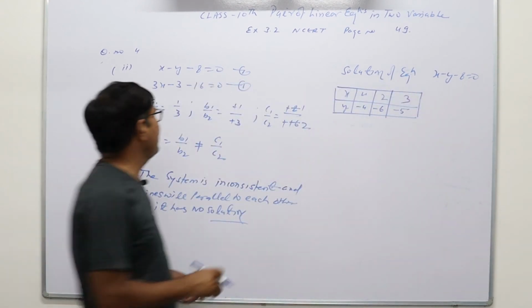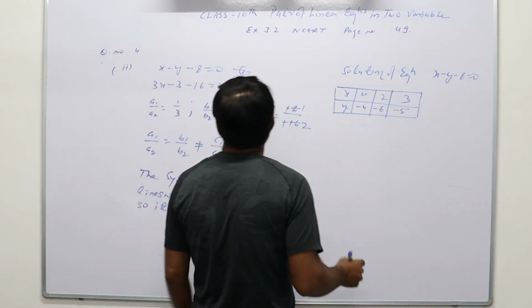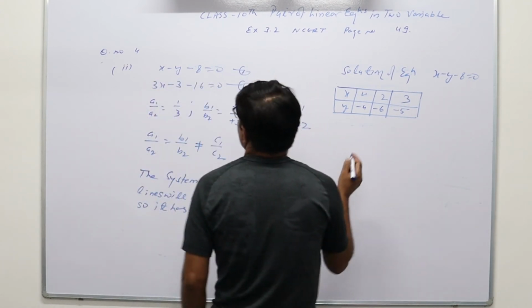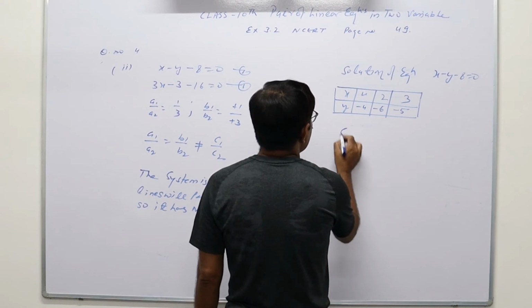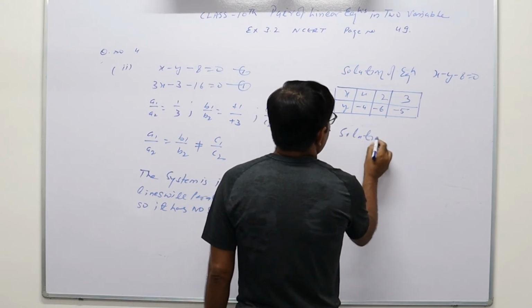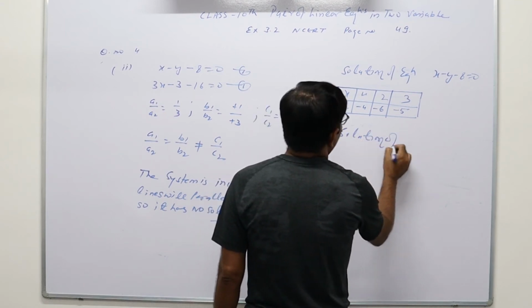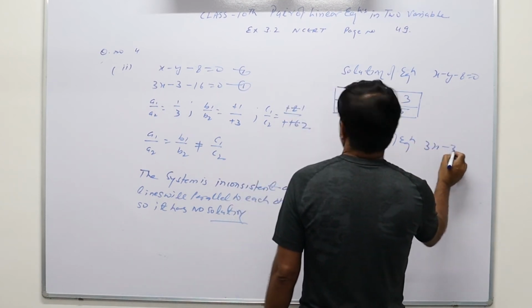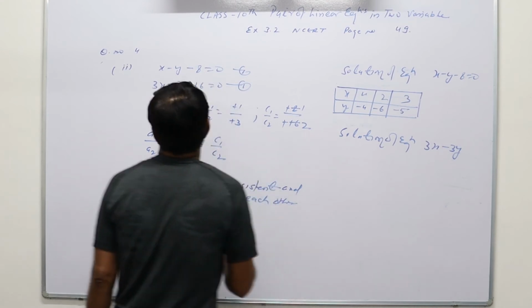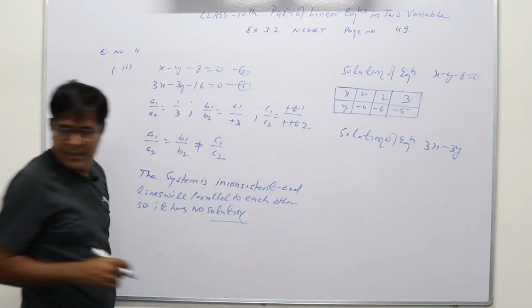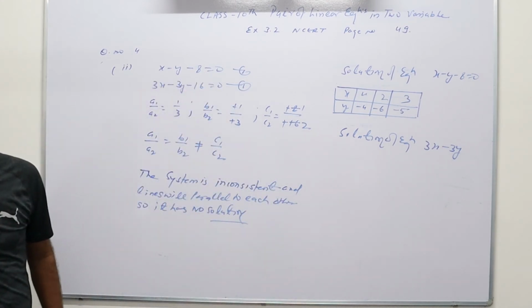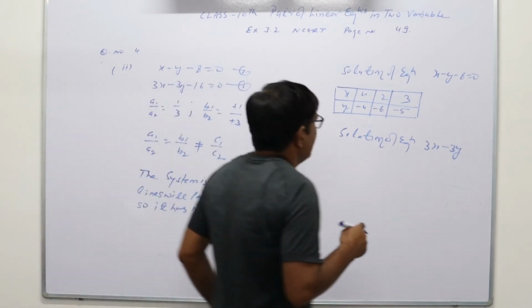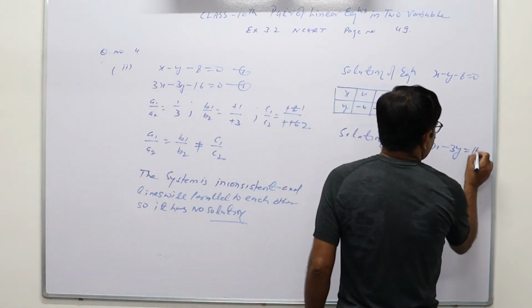So now the solution set for the second equation. 3x minus 3y is equal to 16.